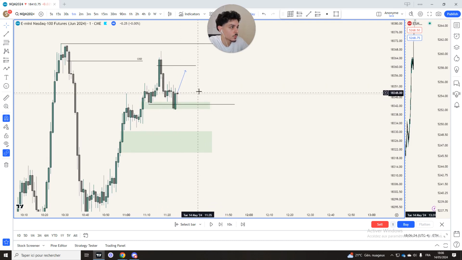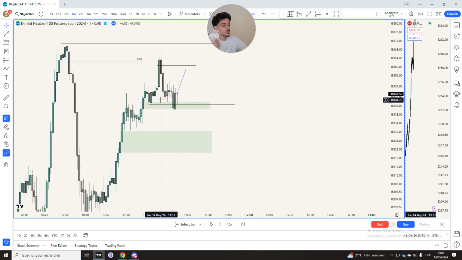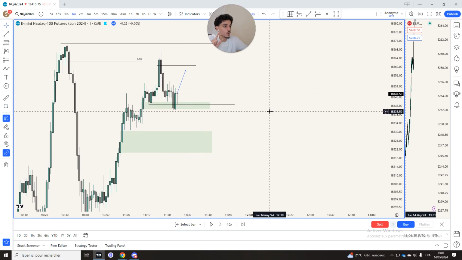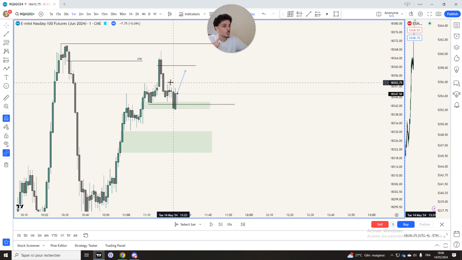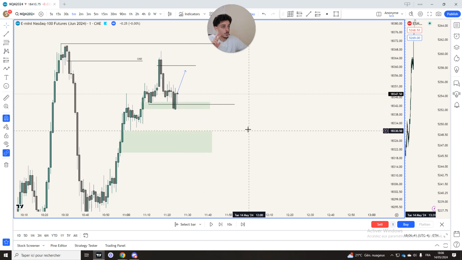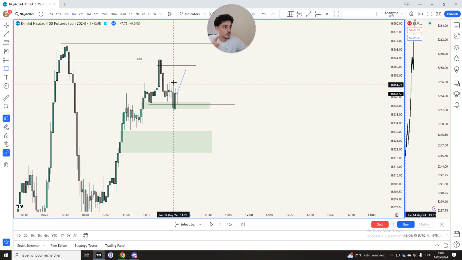So here you have an internal sweep, the internal sell side liquidity sweep, that tells you you're bullish. You have a delivery from a 1 minute fair value gap that is bullish, so it tells you that the market is bullish. You would disrespect the bearish order block, so another confirmation that you're bullish. If you disrespect this gap here, this bearish fair value gap, it would also tell you that you're bullish.